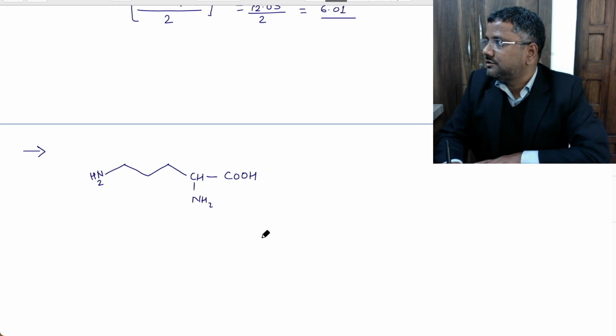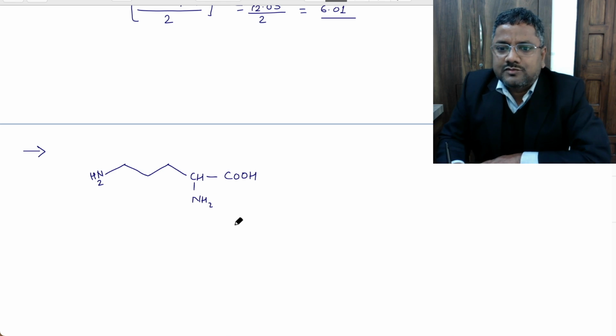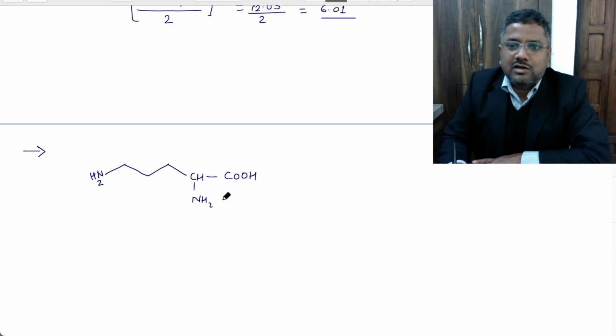Suppose that this alpha amino acid is given in which two amino groups are there, right? So what is the first requirement? Take the fully protonated form.